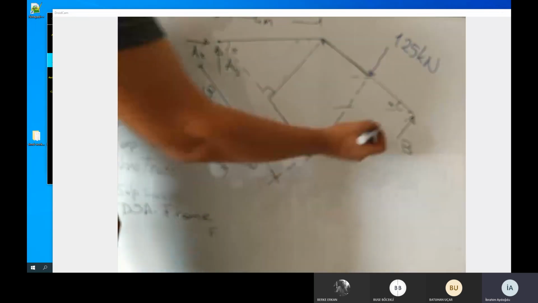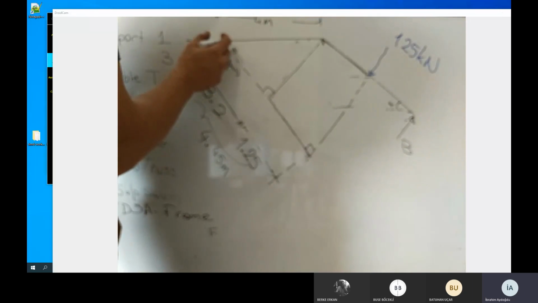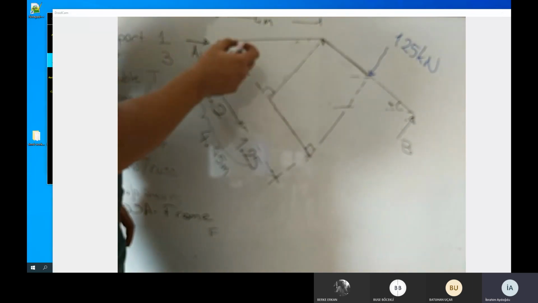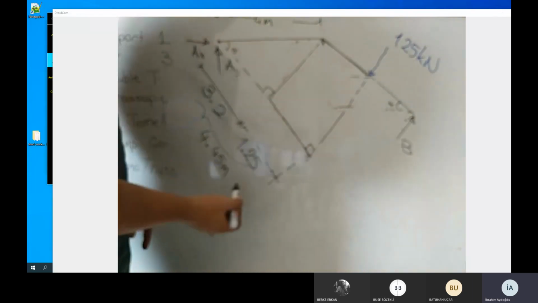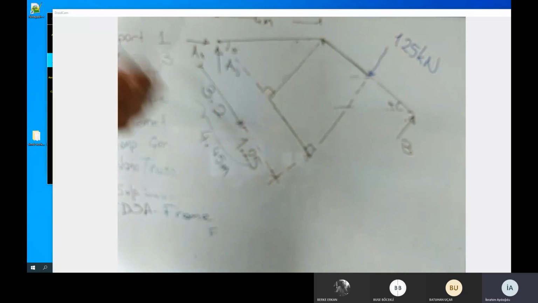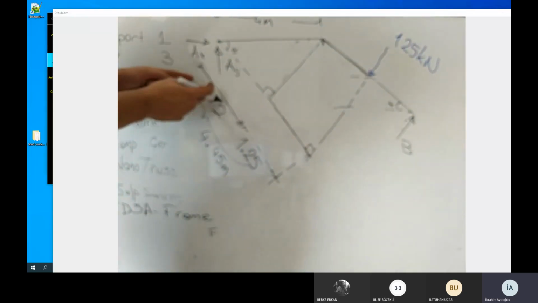Now I am looking at point B, the perpendicular distance from point A to B. It's also much easier because I found 3.2.